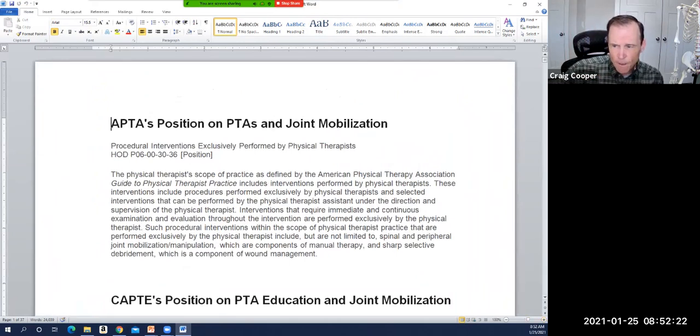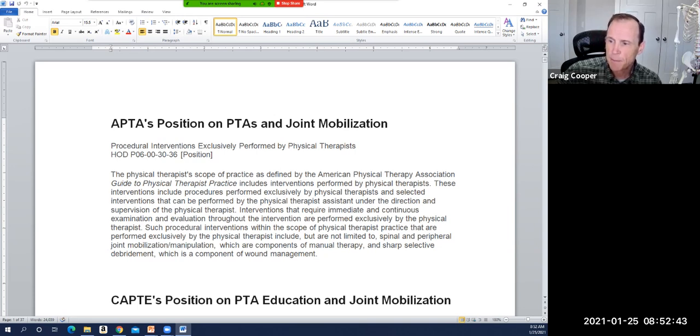So according to APTA, if you look down, this is basically defining what the PT can do versus what a PTA can do. And mobilizations come under one of the few procedures that, according to APTA position statements, PTAs shouldn't do.